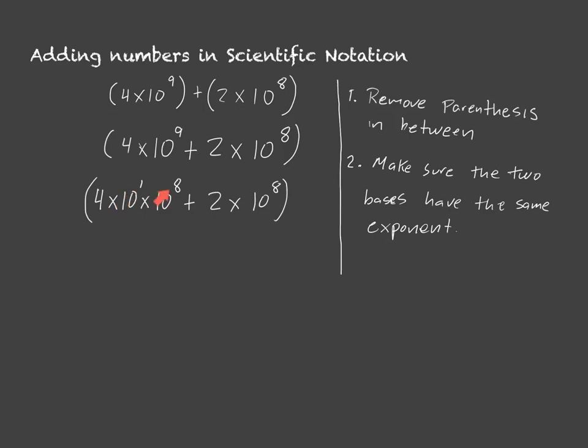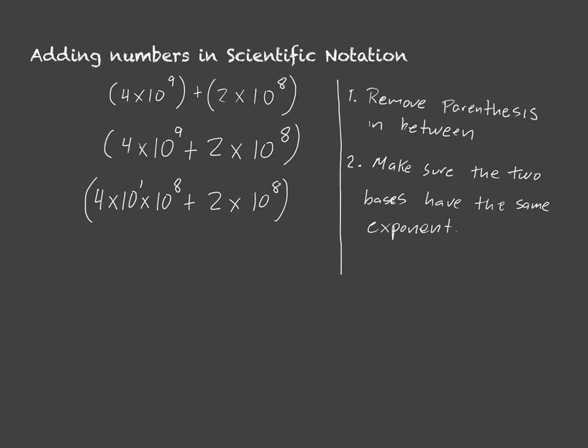If you use the properties of exponents, in this case 10 to the 1st times 10 to the 8th, you will need to add the exponents, which will give you 9. So that's where the 8 and the 1 came from. They need to add up to 9. And the only reason that we choose 1 and 8 is because on this side we already have an 8.